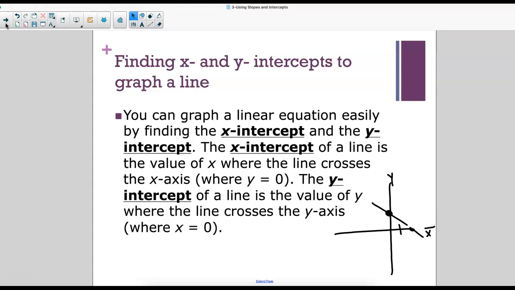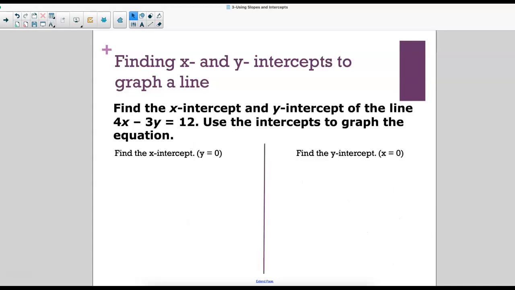This point could be the point 2, 0. And this point right here might be the point 0, 2. So if I want to find the y-intercept, I just let x equal 0. If I want to find the x-intercept, I let y equal 0. Then I'll figure out what x is. This will make sense as we do a problem.